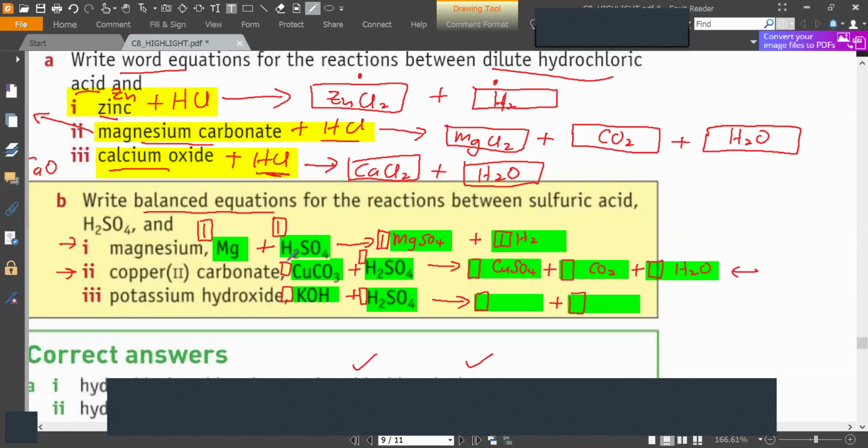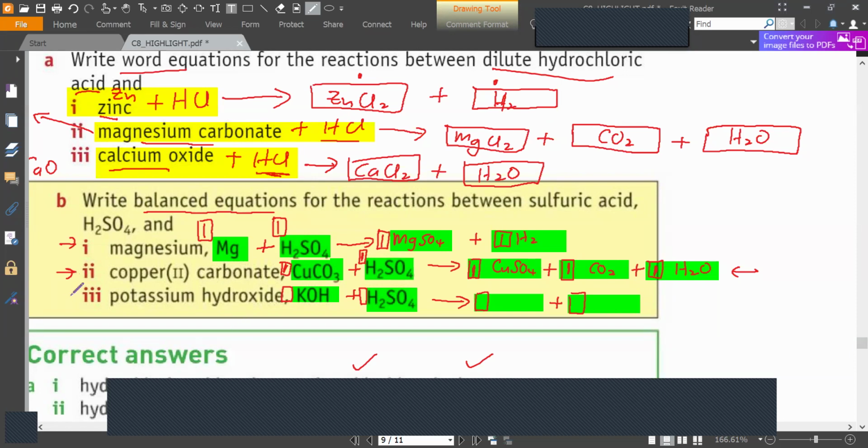So how many moles of copper carbonate will we add? 1. And the sulfuric acid? 1. So we will end up with copper sulfate. How many moles? All of them, 1. Yes, 1 mole copper sulfate, 1 mole carbon dioxide, and 1 mole of water.